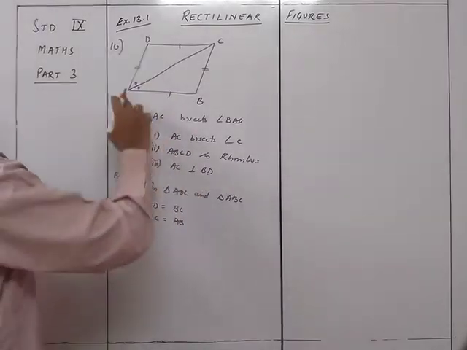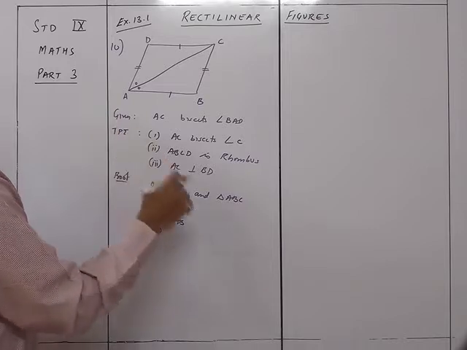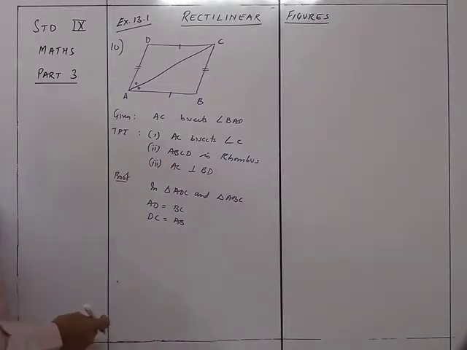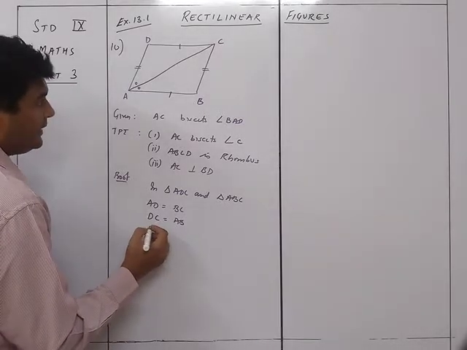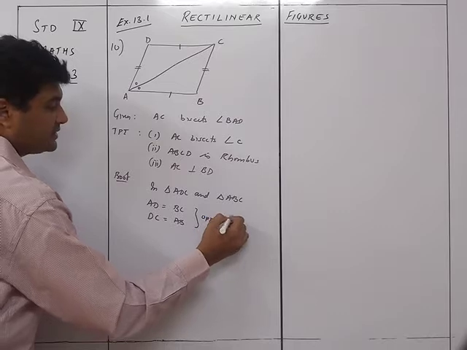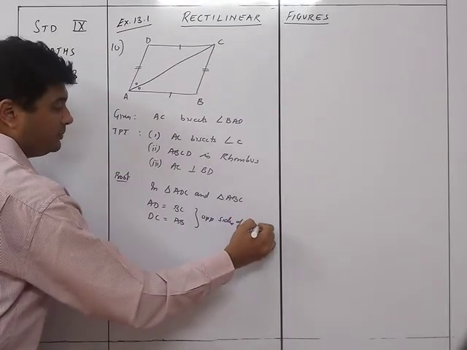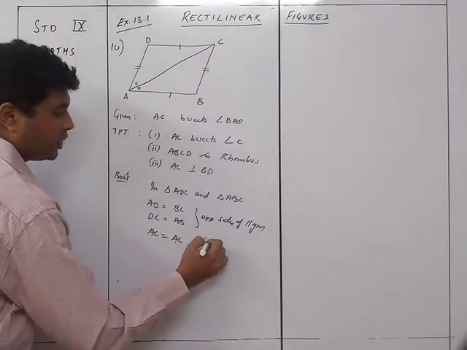In ADC and ABC, AD is equal to BC, and DC is equal to AB, because opposite sides of a parallelogram are equal. We know that AC is equal to AC, that is common.